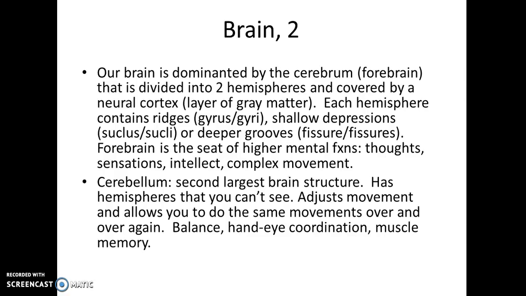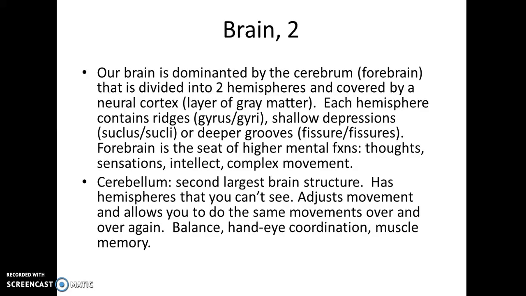The more that you have, the more surface area to volume ratio you have. So the more cells you have, maybe the smarter you are. Babies have smooth brains. As you get older, your brain increases in size. It can't grow anymore, so it just folds in on itself. The forebrain is the seat of higher mental functions: thoughts, sensations, intellect, complex movement.